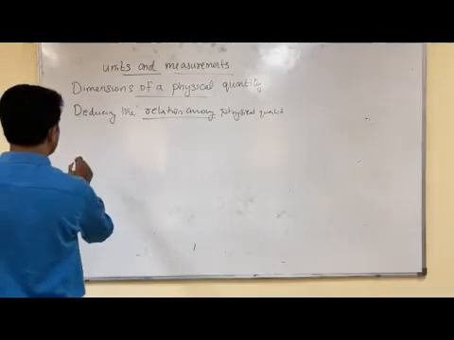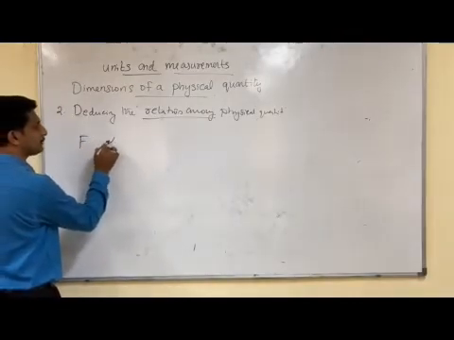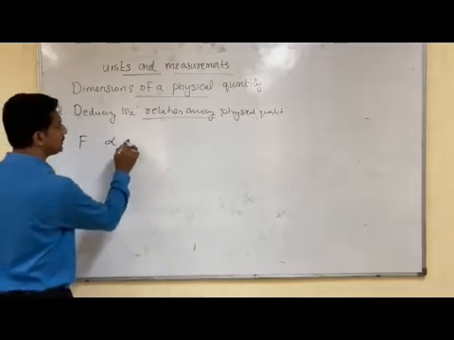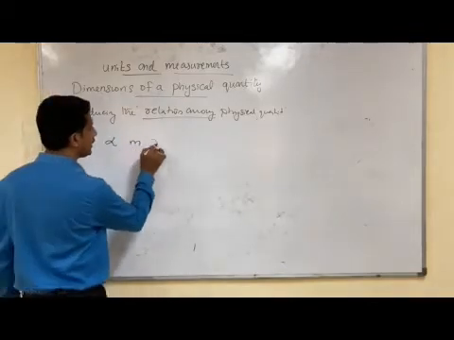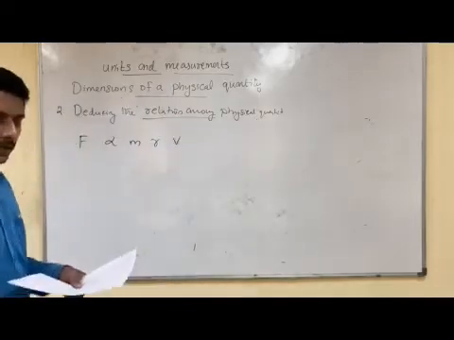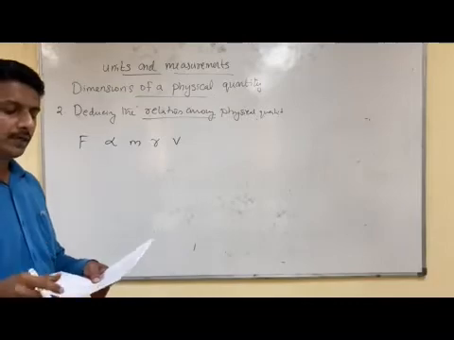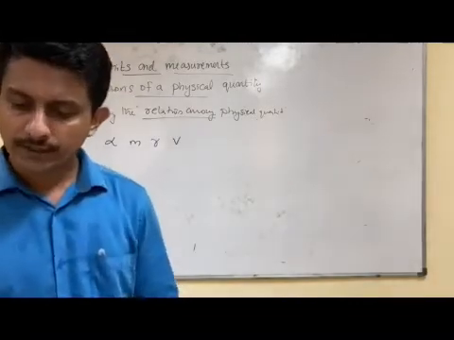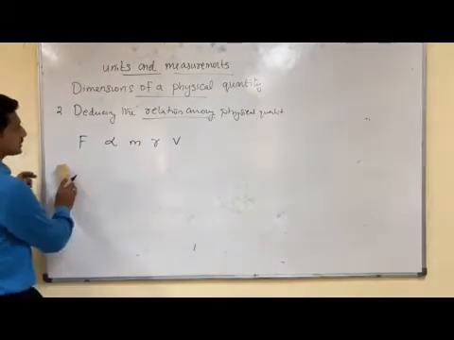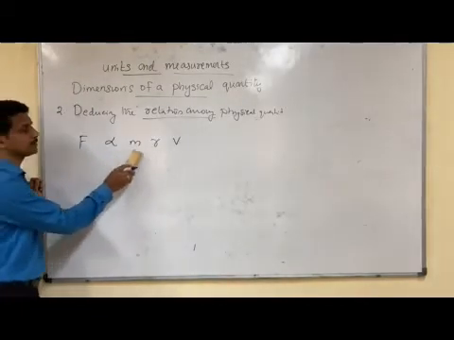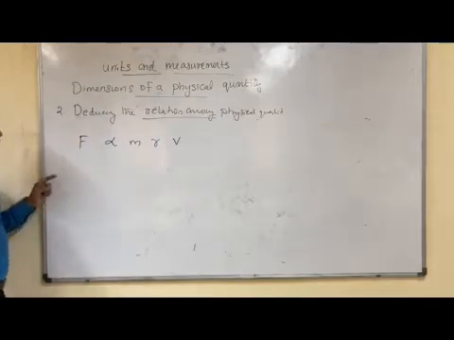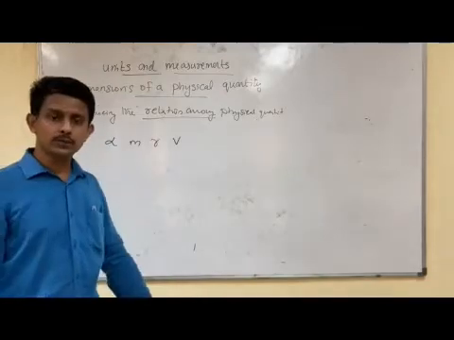So here we can say that the centripetal force acting depends on three factors: the mass of the body, the radius, and the velocity. So the force acting on this particle depends basically on these three factors: mass, radius, and velocity.